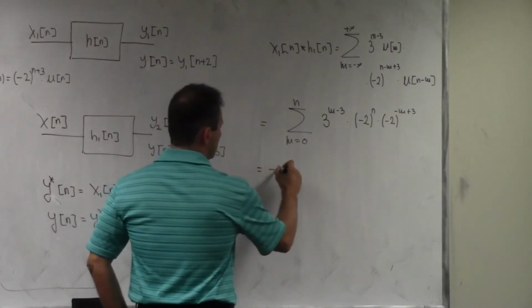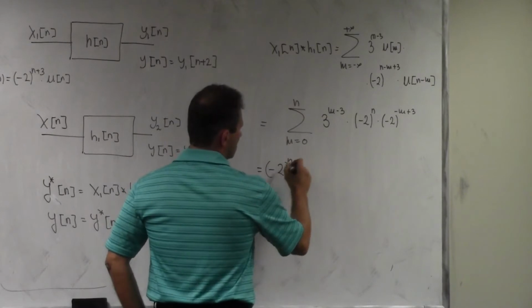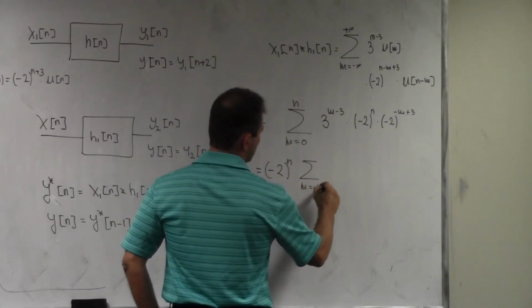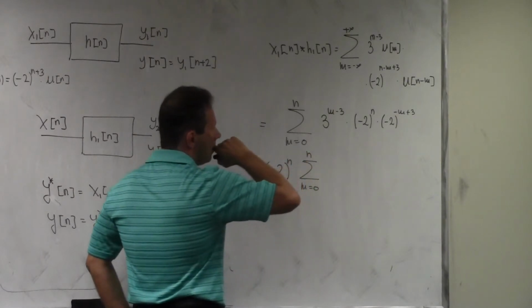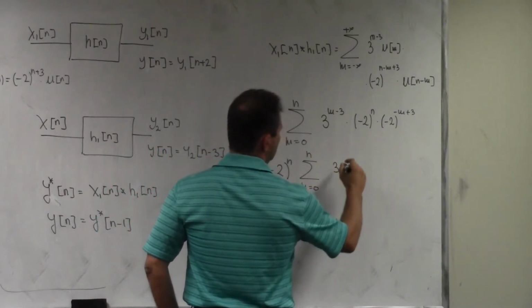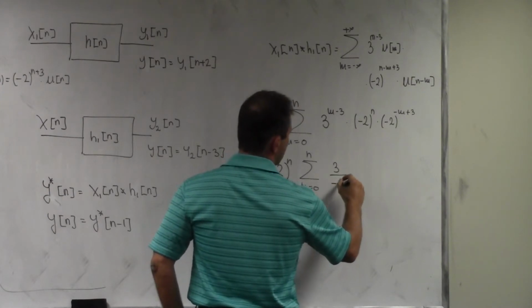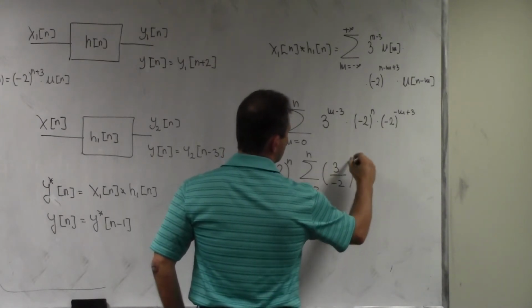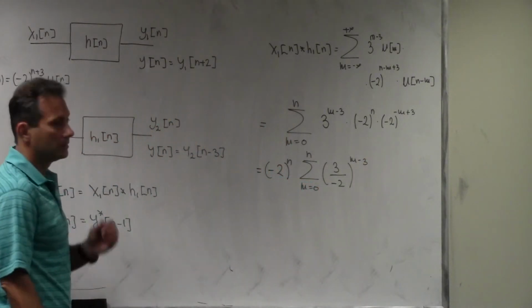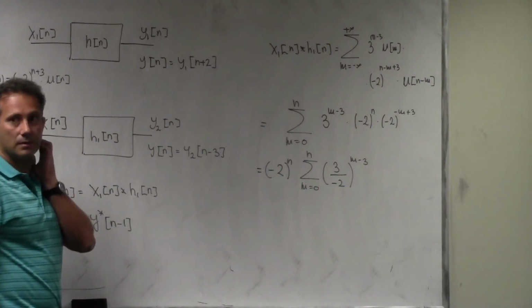And minus 2 to the n goes on the side. And then I have the sum, m goes from 0 to n, of 3 divided by minus 2, everything to the m, minus 3. Okay.